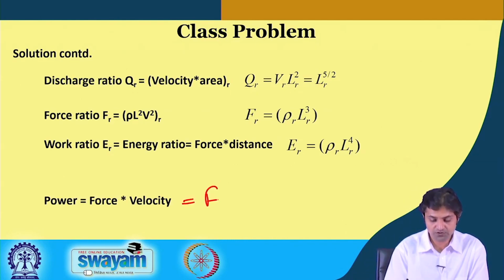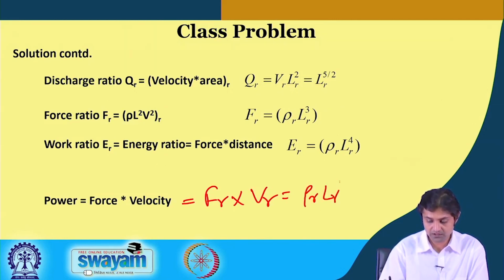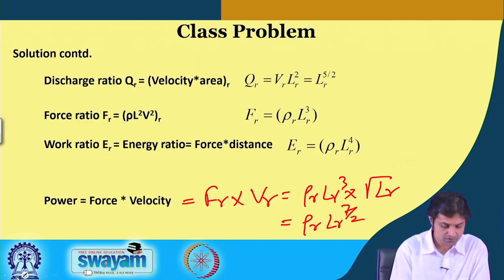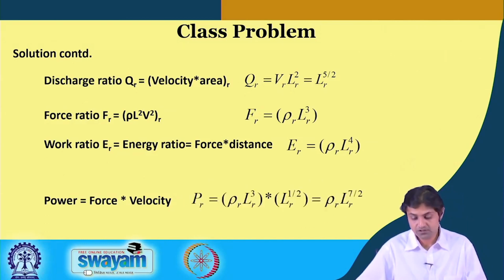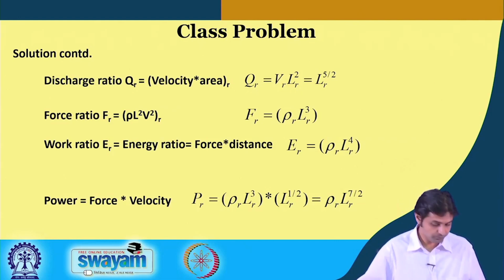So, it is force ratio into Vr. Force is rho r Lr cube, into Vr which is under root Lr. So, it becomes rho r Lr to the power 7 by 2. Same thing, rho r into Lr to the power 7 by 2.